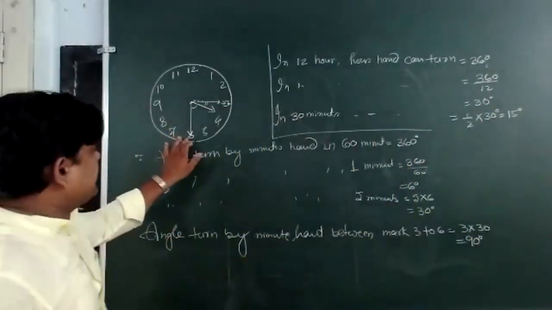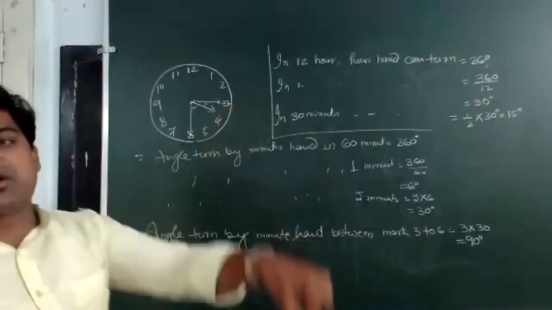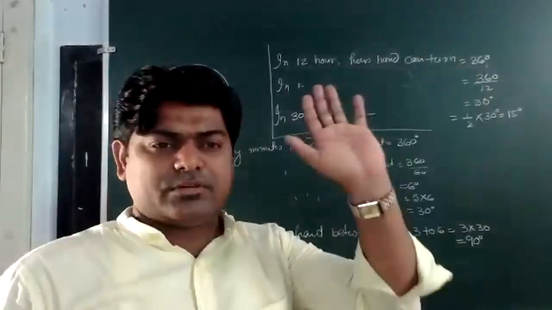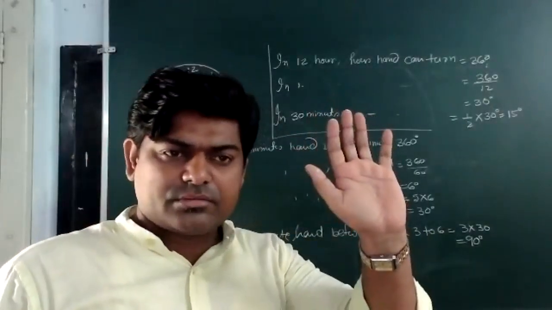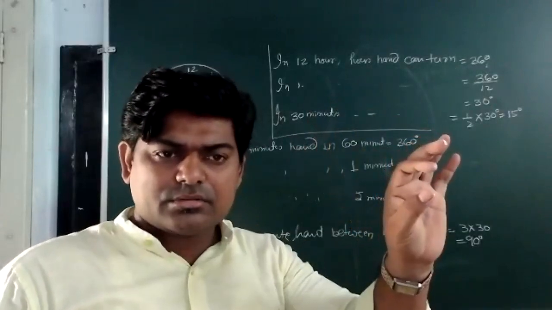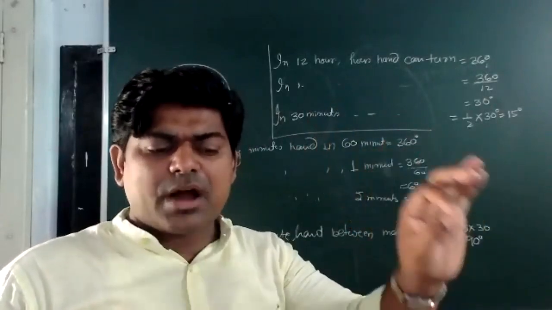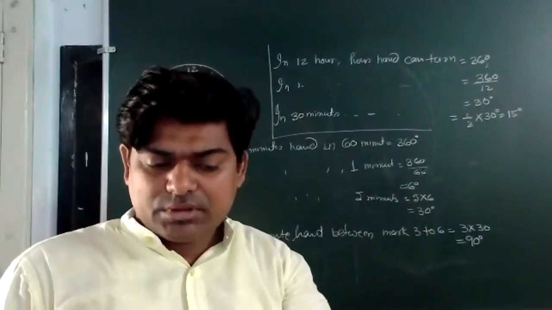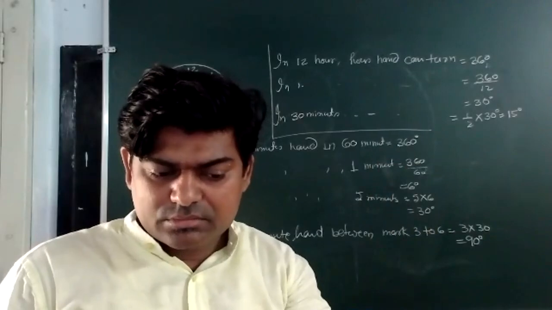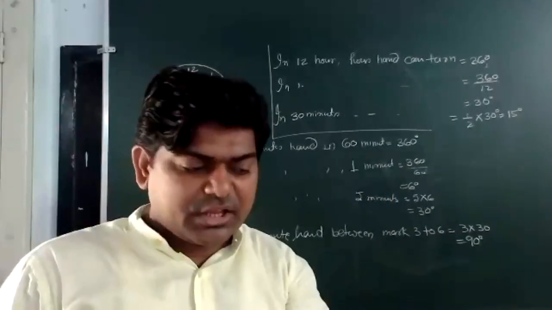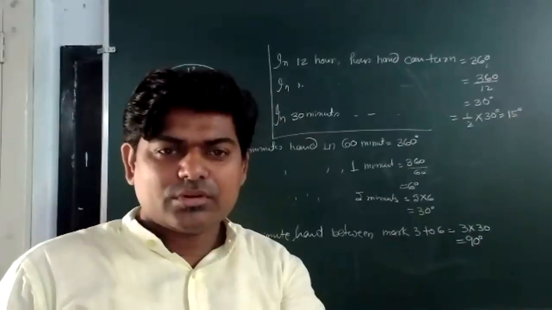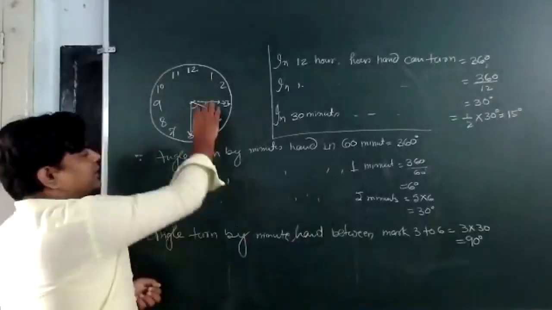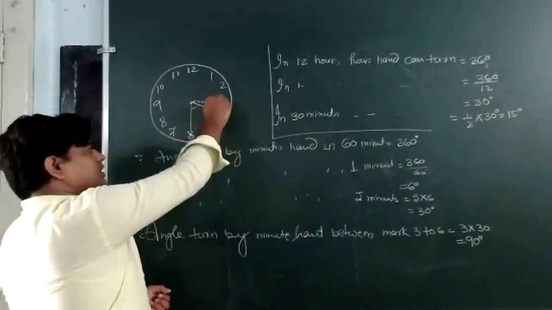So the angle between these two hands will be what? 90 minus 15. Am I correct? 90 minus 15, that will be your result. Anyone have any doubt here? Say yes or no. Listen now very carefully. I draw this diagram for you only.